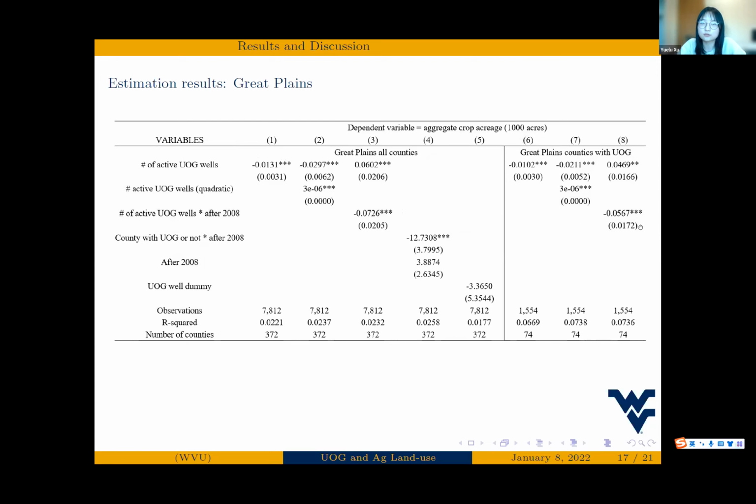The quadratic terms are significant in both cases, suggesting the negative effects of UOG development on crop acreage is diminishing. In addition, a county with UOG development has around 13,000 acres less cropland than other counties after 2008.